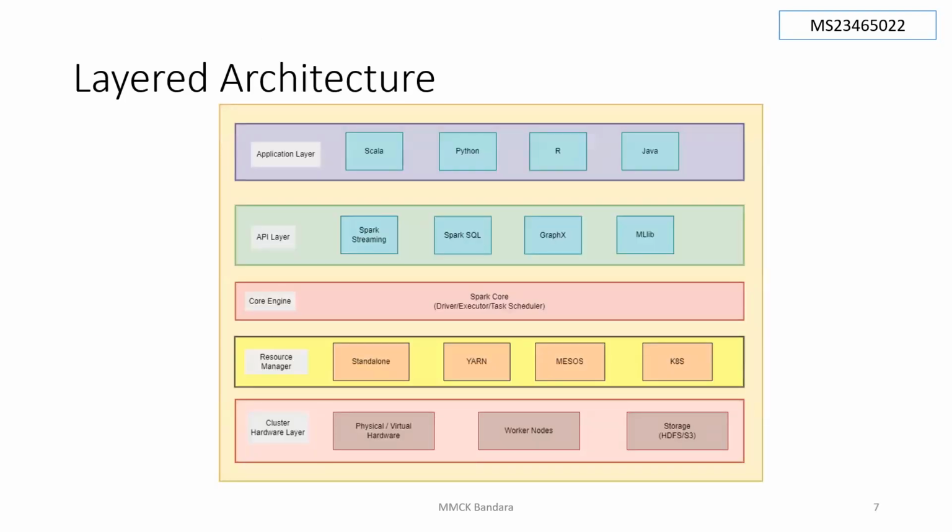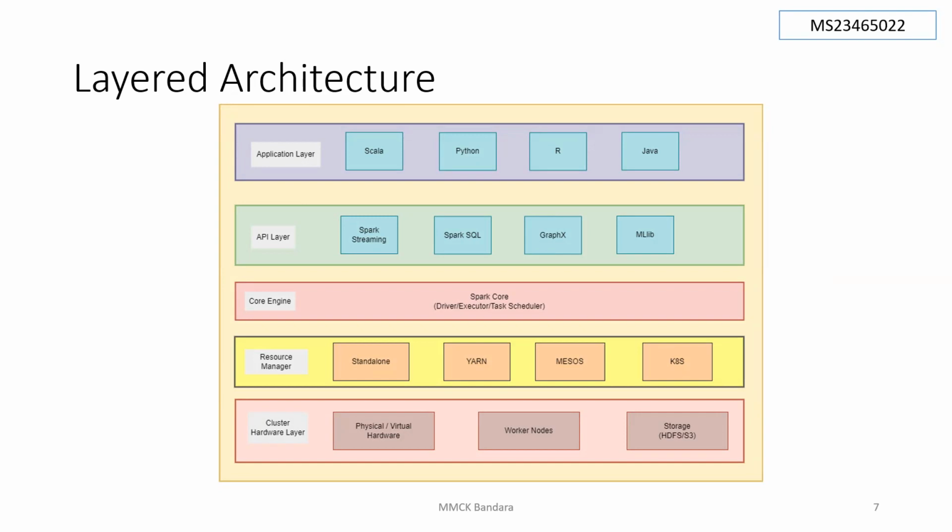And we move on to the layered architecture. In layered architecture, we can see the Spark ecosystem is separated into multiple layers. So clearly, the concerns of each layer are clearly separated.